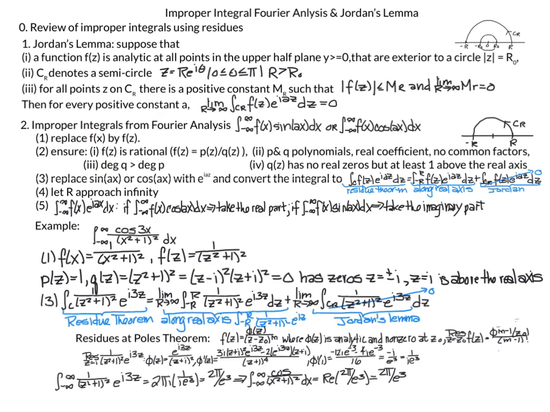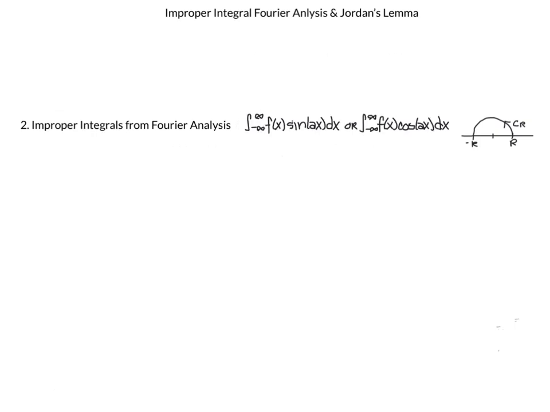But I do have one more thing to discuss before we discuss this procedure. We're looking at integrals of this form, from negative infinity to infinity, f of x times sine of ax, or the improper integral from negative infinity to infinity of f of x times cosine ax.